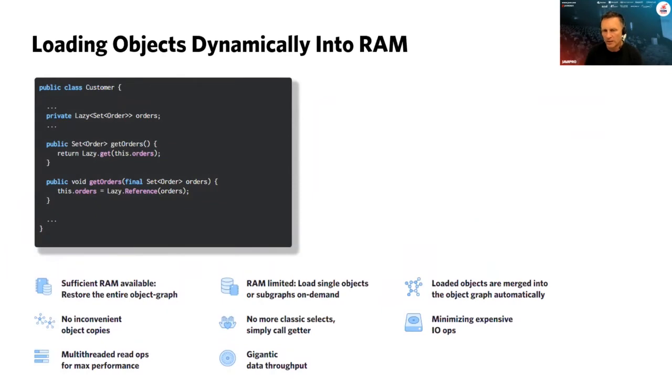Only the object IDs are loaded into the memory. So we have the entire object graph, or all information about the entire object graph, in memory. But you as a developer, you can decide which objects, which data you want to load initially, and which objects you want to load on demand by using lazy loading.